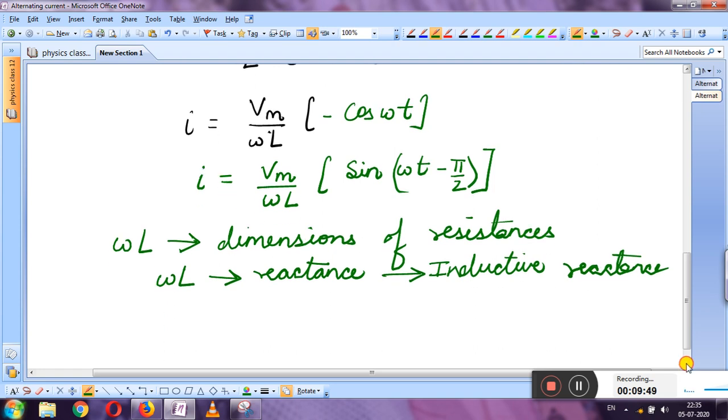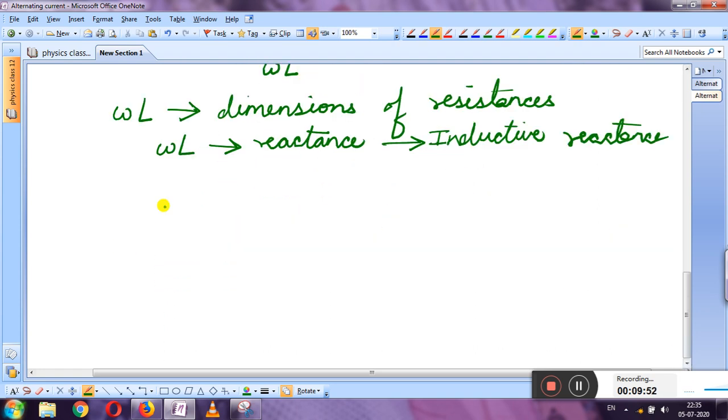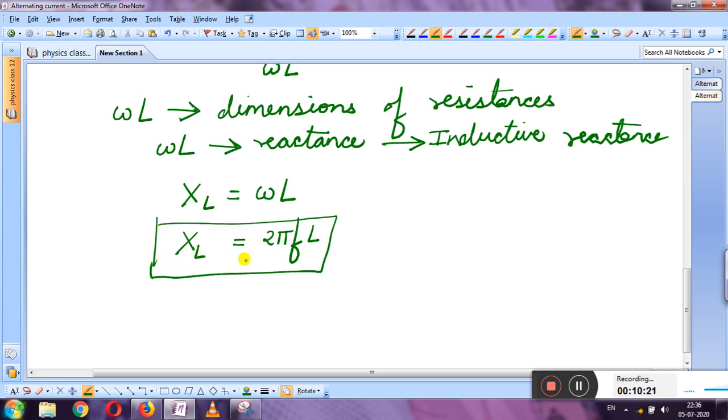Inductive reactance. Please bear with my writing. Inductive reactance is denoted by XL, and this XL will be equal to omega L. Omega L can be written as 2 pi FL, as you know that omega is equal to 2 pi F. Here you can see that the inductive reactance depends directly on frequency as well as on the inductance.